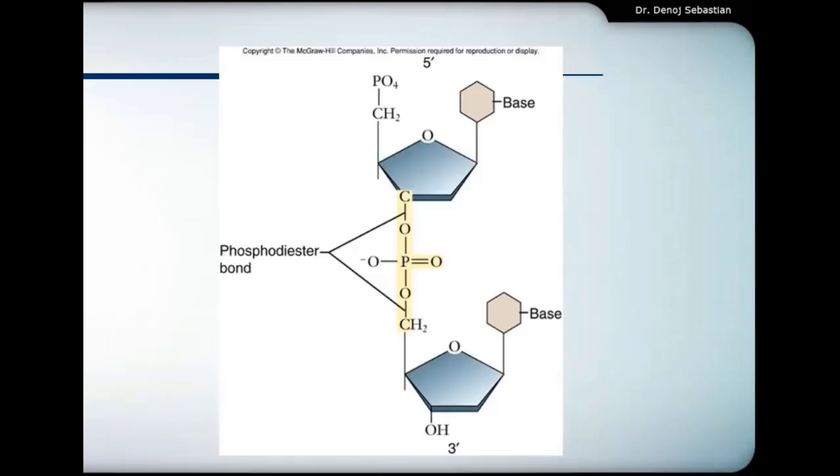If the bond is broken and shifted to the 2'OH group, then it is something like you are holding your own hands. It forms a cyclic one. Actually, these hands were supposed to hold the other one to form the chain or the backbone.